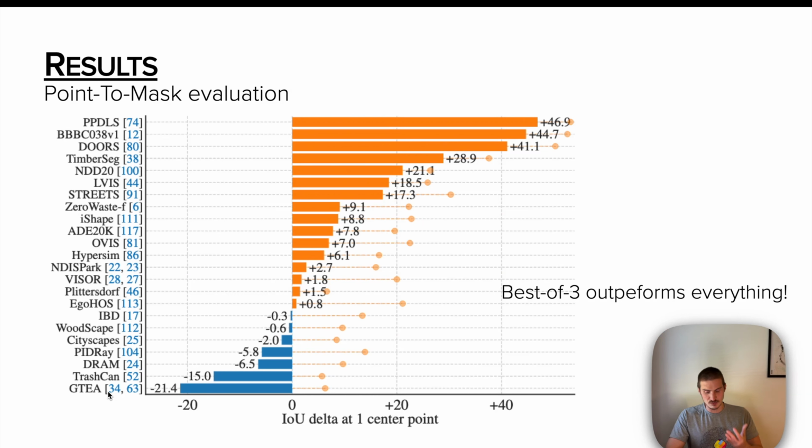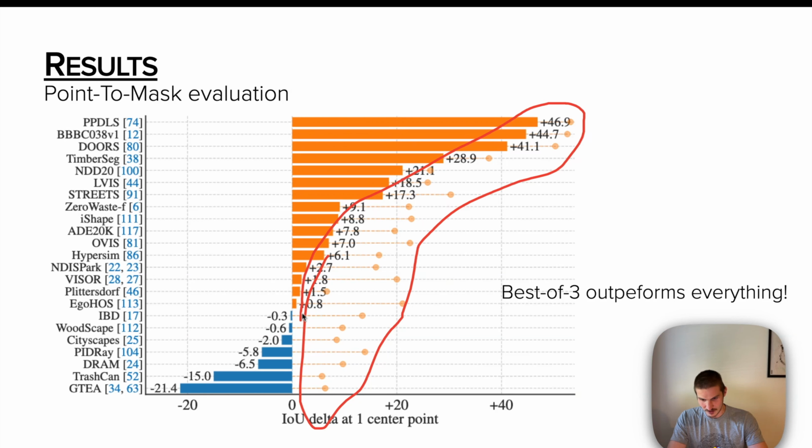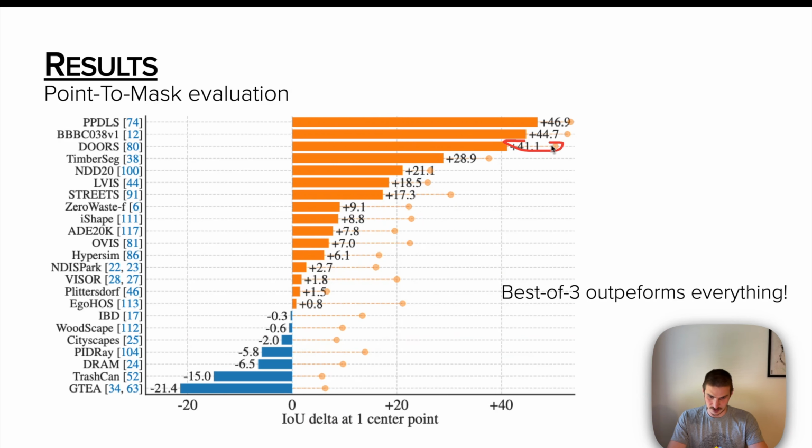But then if you swap that to a best out of 3, when you let SAM predict 3 masks, you compare which one is the best estimation of the object, and then select it, we can see that it now outperforms the previous state of the art on all of them, and it's so much better in the majority of the cases.